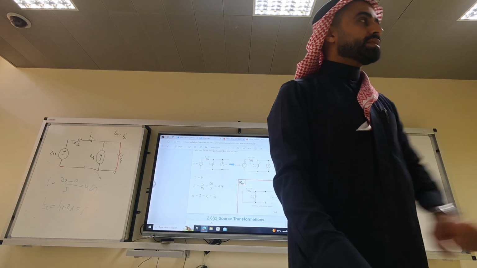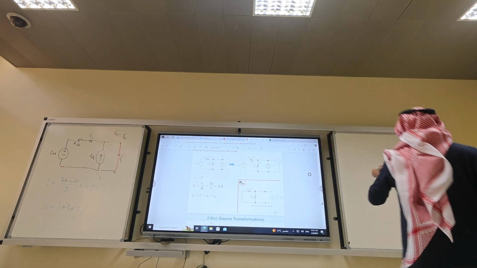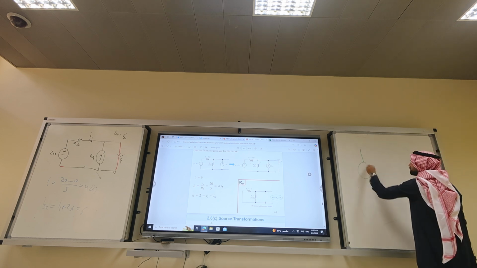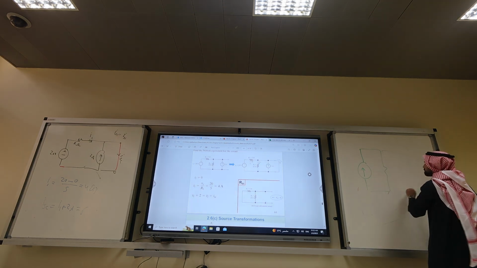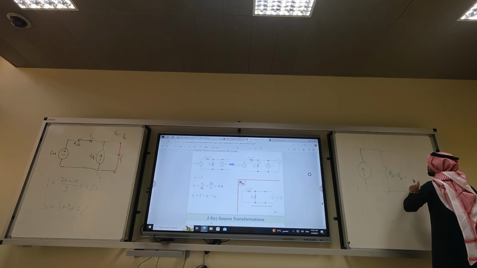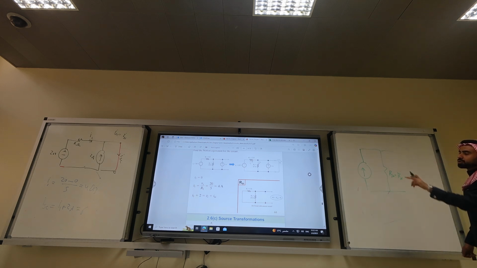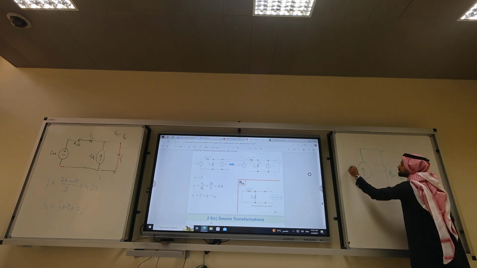Let me repeat this example because we have a miss. Before we repeat it, let me draw the Norton equivalent. So what's the Norton equivalent? It's R Thevenin. What's R Thevenin? I already told you, 20 parallel with 5, which is 4. What is I Norton?